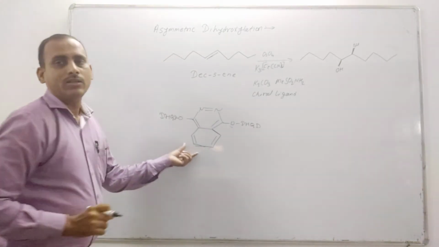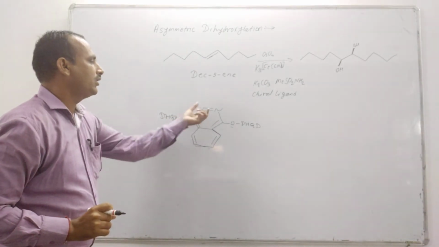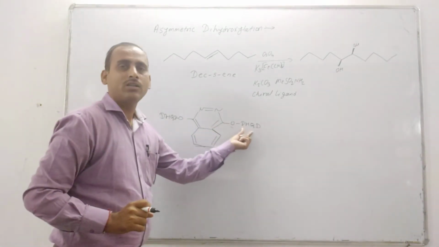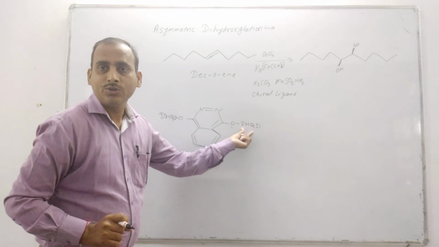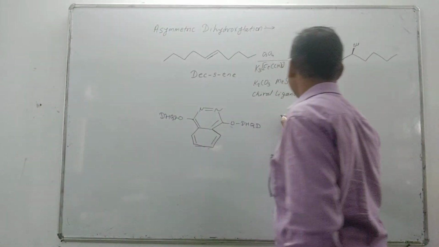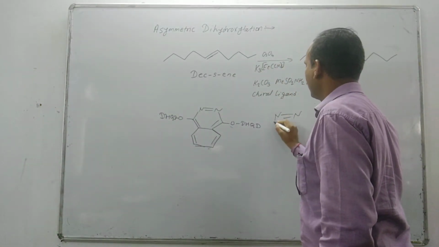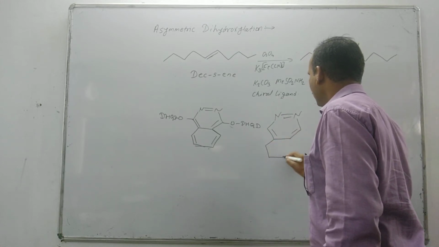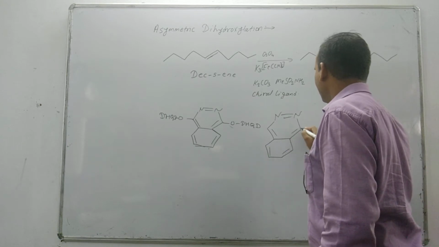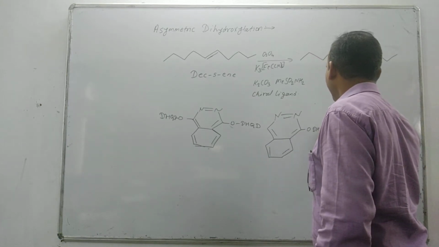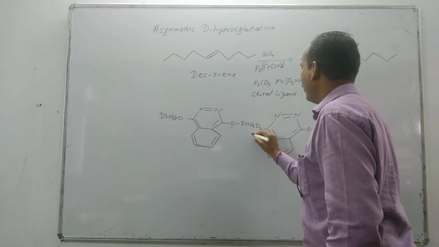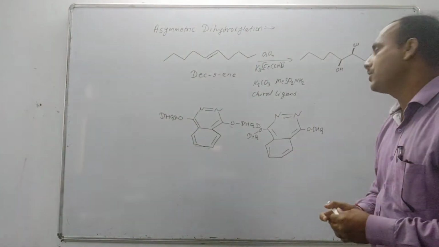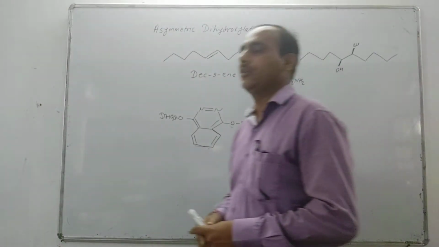So this is the two aromatic ring in the phthalazine, to which the chiral ligand, that is dihydroquinidine or DHQ dihydroquinine, O-DHQ dihydroquinine, gets attached to this phthalazine ring.